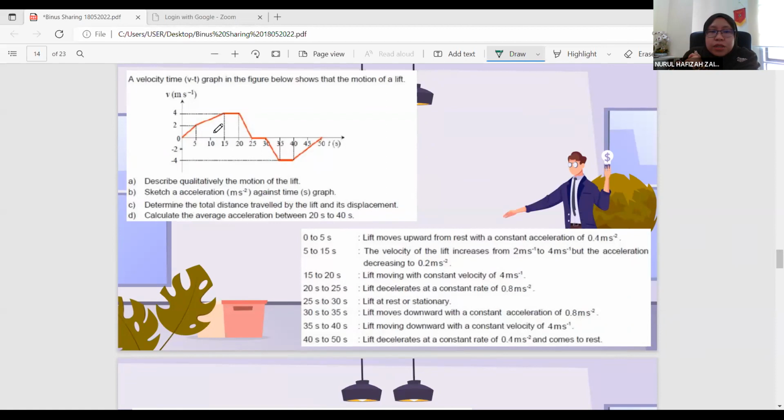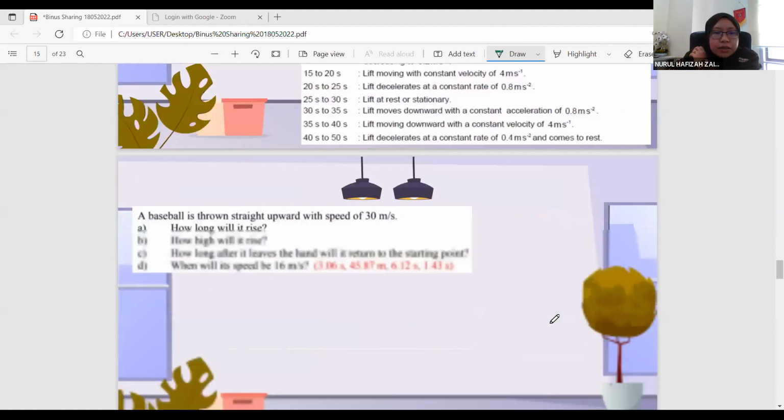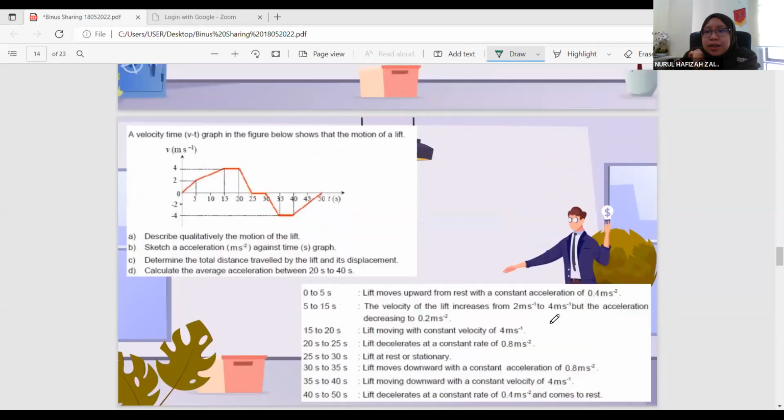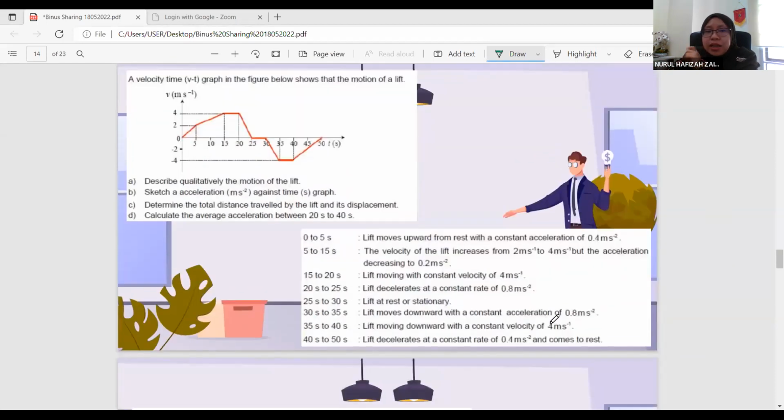So you need to check this one, 0, 2, 4. I don't have the solution here, but I just want to show that it is related. From the velocity graph, you can find the acceleration. So it's all about the motion, and you can find other things.